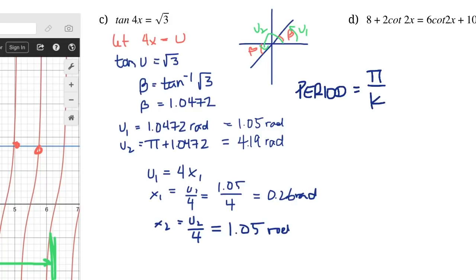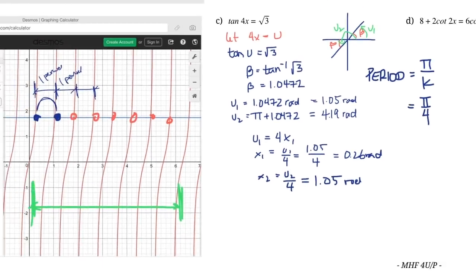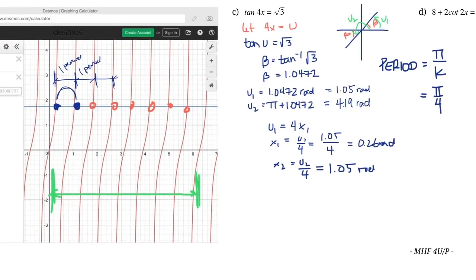That's because a regular tan function has a period of pi, and then we divide by that k value, which is 4. So the period of our function here is pi by 4. That's what the difference in these values was. They're pi by 4 apart from each other.